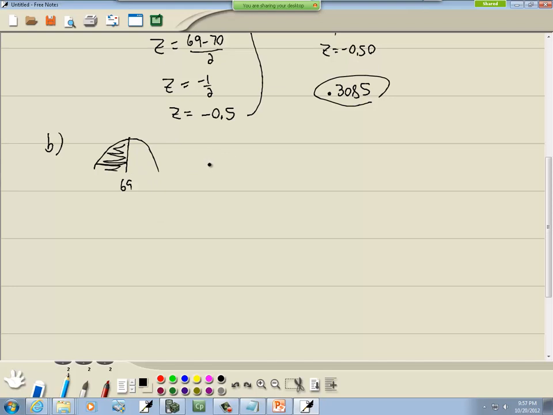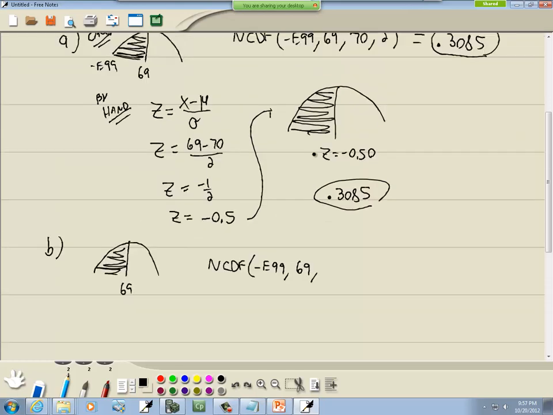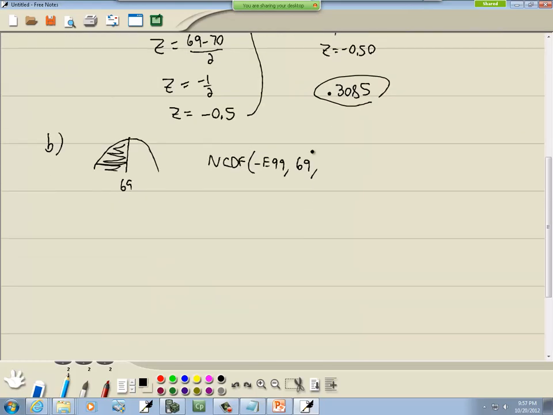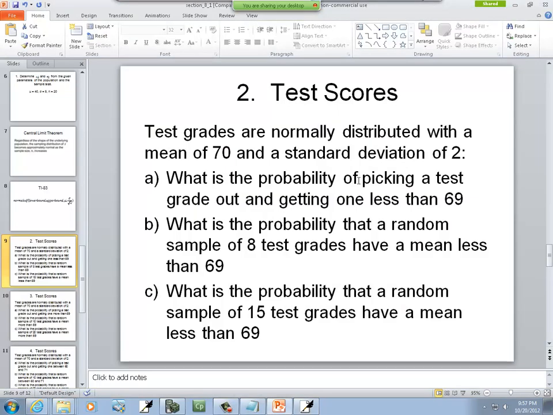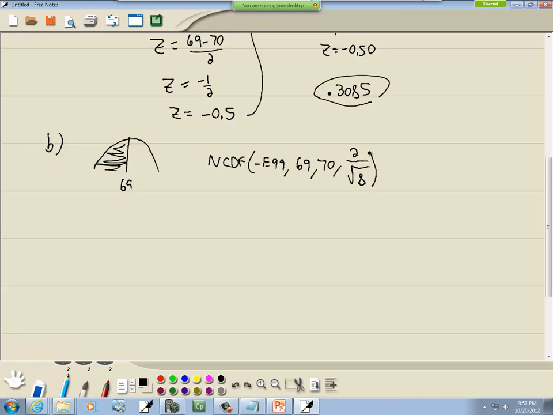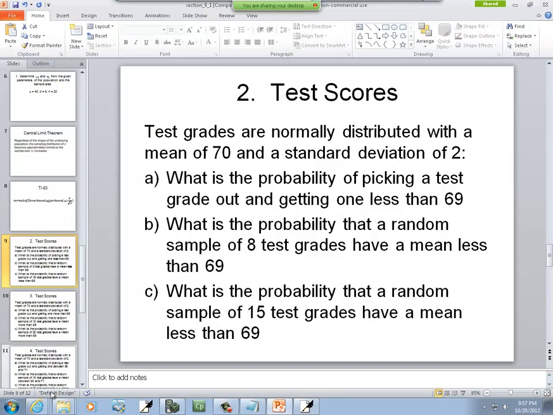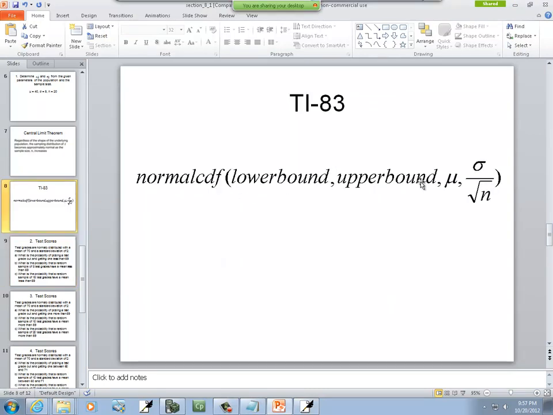So we're going to do normal CDF, negative E99, comma, 69, comma, our mean, which is 70, comma, our standard deviation divided by the square root of n. And since we're talking about 8 test grades, we'll put 8 there. Now, the reason we're doing that is that n is more than 1. See how it's 8 test grades? That's when you use this formula right here. So this is when you have more than 1.